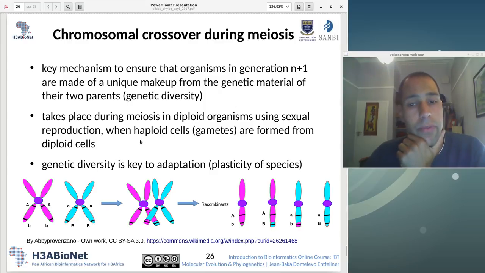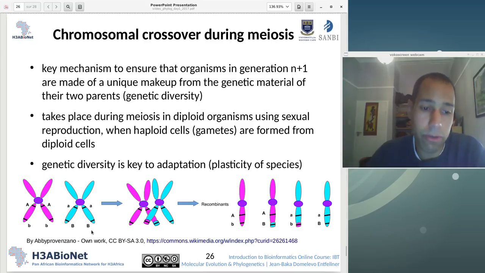Sexual reproduction is most widespread in living systems, and it is said that it's clearly an advantage in terms of evolution, just exactly because of this process.